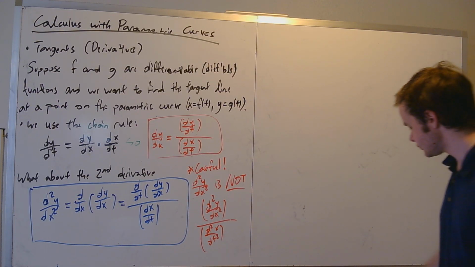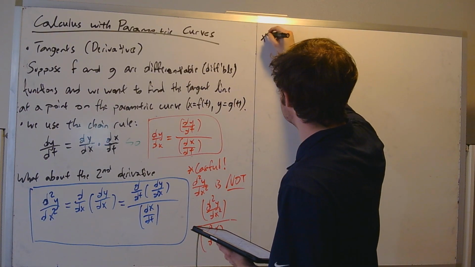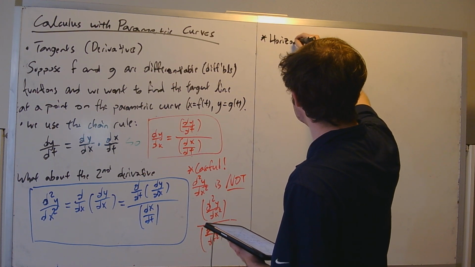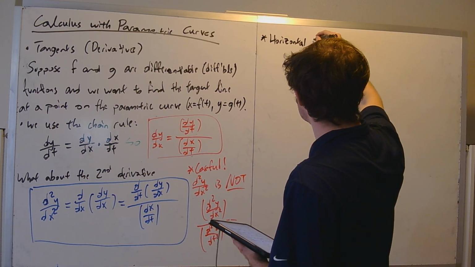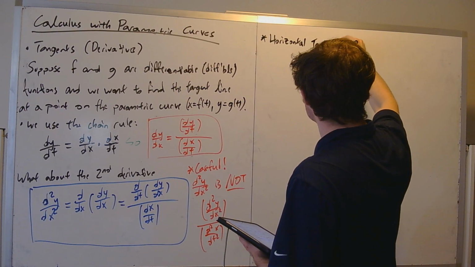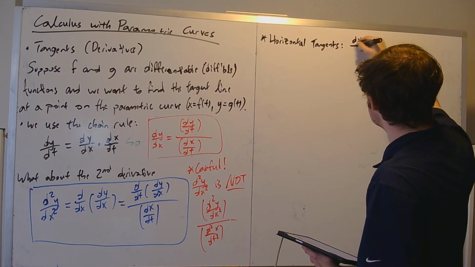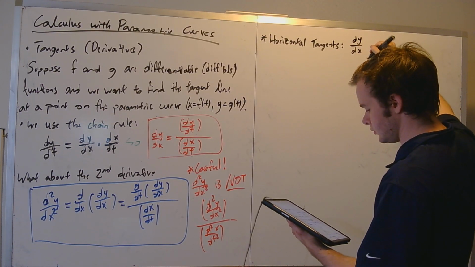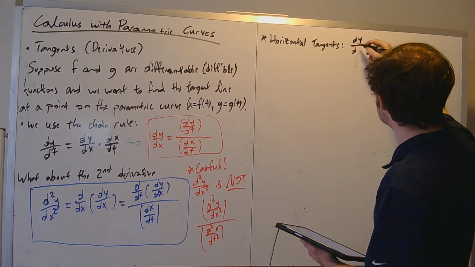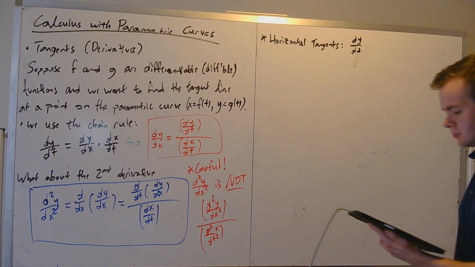Okay. Now, the next thing to go over here before we start an example is horizontal tangents. Remember, if a tangent is horizontal, then the y value shouldn't be changing.